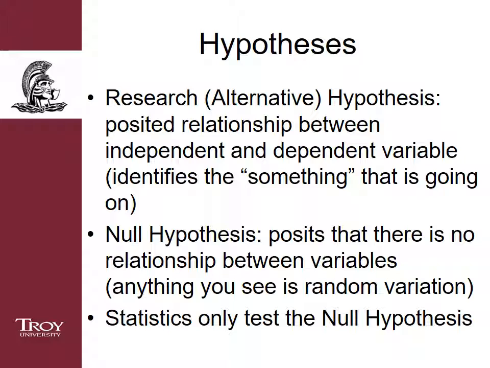Anything you see is simply the result of randomness. You have a certain amount of variation in the data, and you're just seeing randomness. It's kind of like you're seeing Mickey Mouse in a cloud. Right? Mickey Mouse really isn't in the cloud. You're just seeing a pattern in a randomly occurring event.